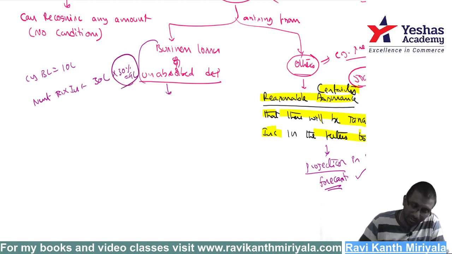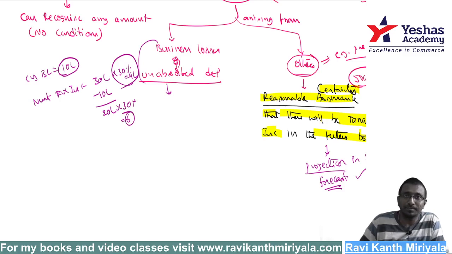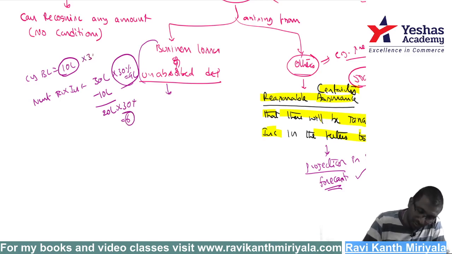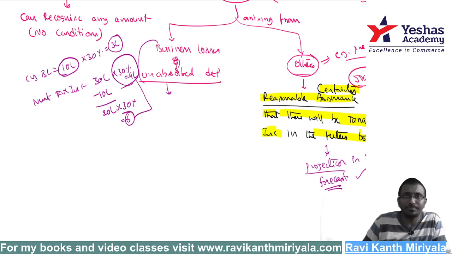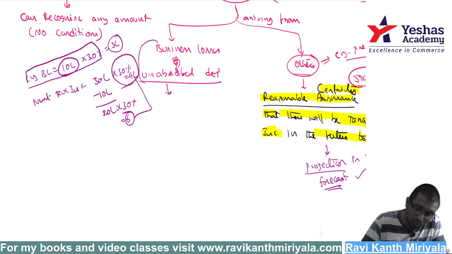But now what are you doing? No, sir, last year I made a loss, so minus 10 lakh rupees, that is equal to 20 lakh. On 20 lakh into 30%, I will pay 6 lakh. That means on 10 lakh into 30%, which is equal to 3 lakh, is nothing but the difference between 9 lakh and 6 lakh. Hope you understood. Correct? So this 10 lakh is going to be useful.